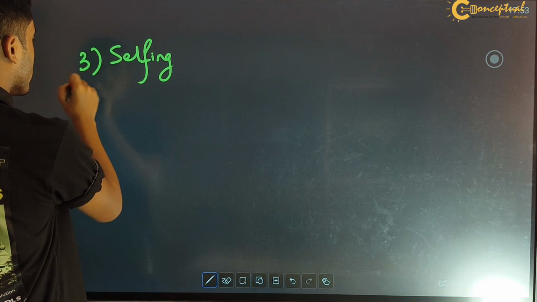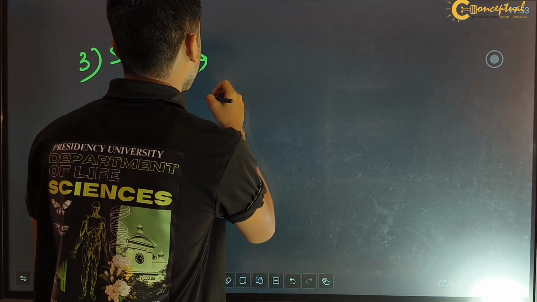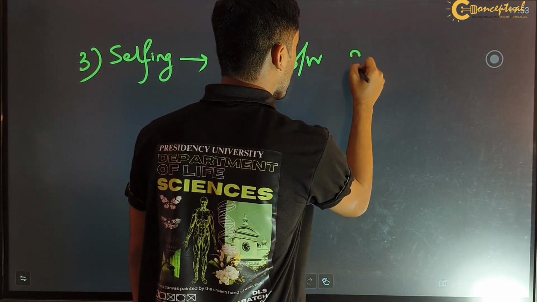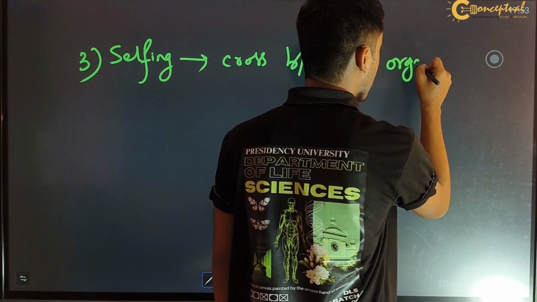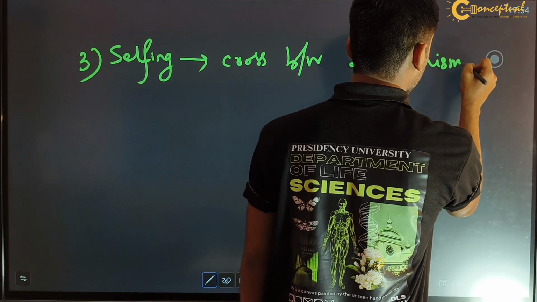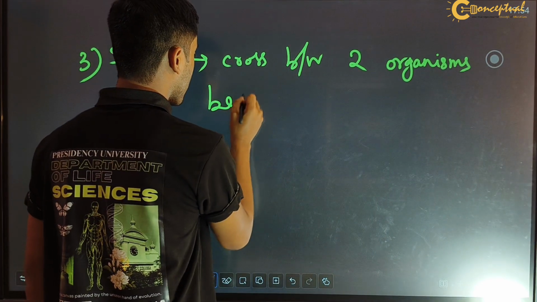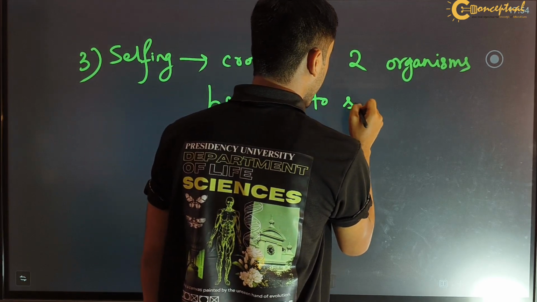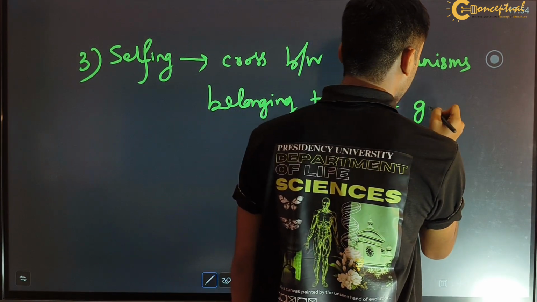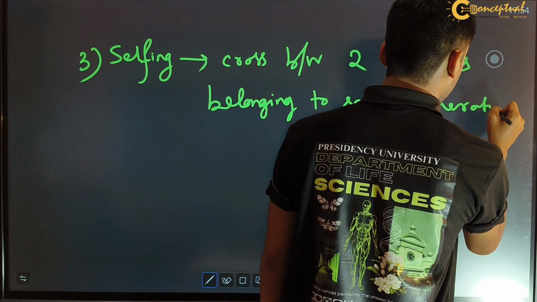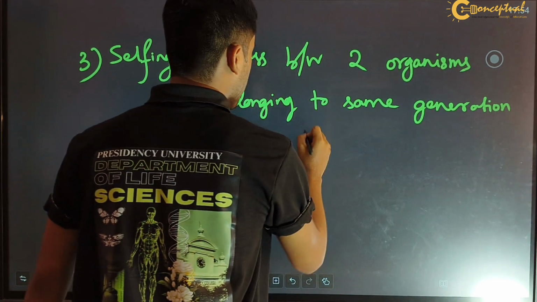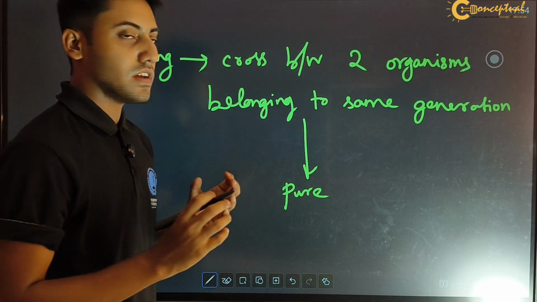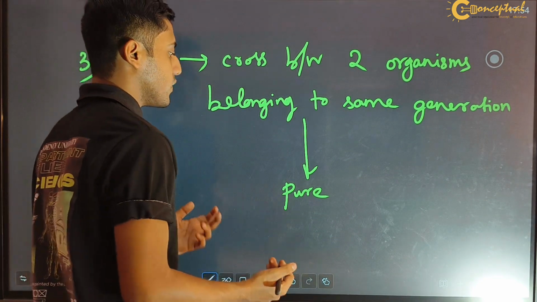So, allele and trait were two words. Selfing is another important word. So, selfing is actually a cross between two organisms belonging to the same generation, through which a pure line can be observed or a particular genetic information can be stored for the next filial generations.